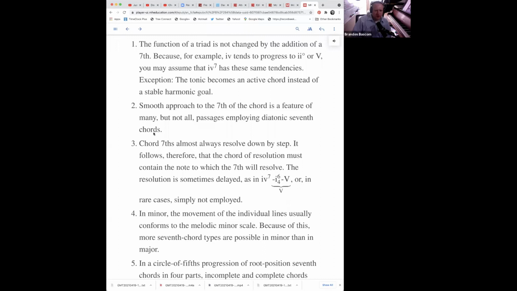They went to a D here, which then omits our fifth, right?